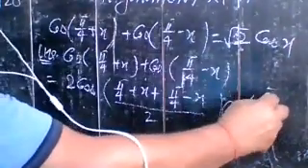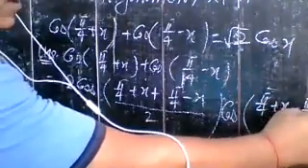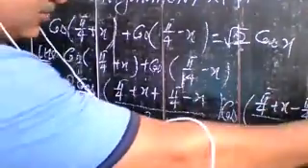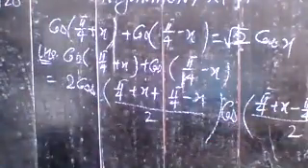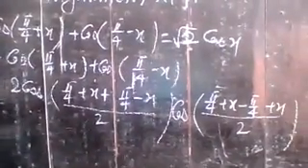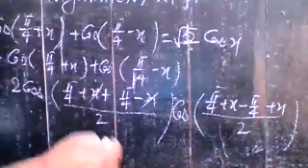So you write (pi by 4 plus x) minus (pi by 4 minus x), whole divided by 2. Now you see x cancels out.